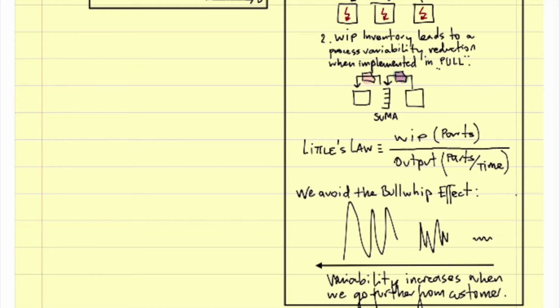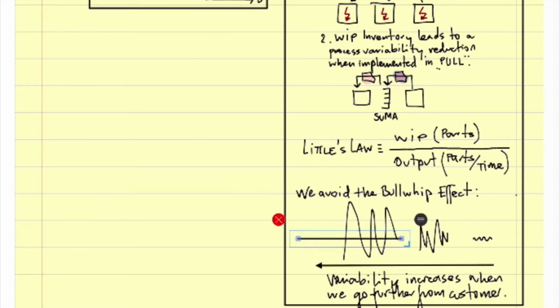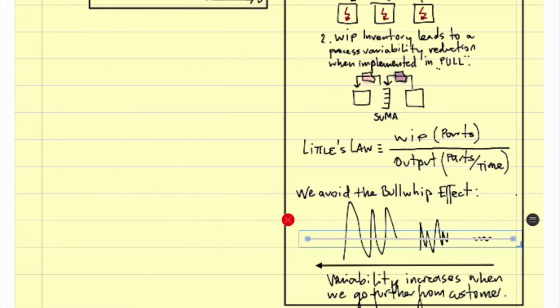Is this clear, or have you seen the bullwhip effect before? Yes, right? Those online too, or is it something new? Something that you know? Katerina, do you know the bullwhip effect?